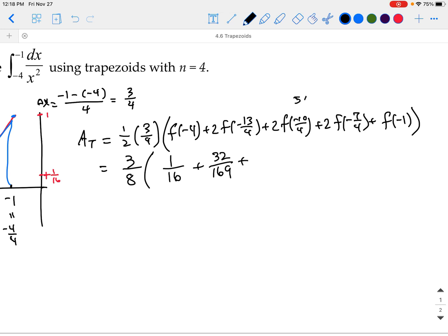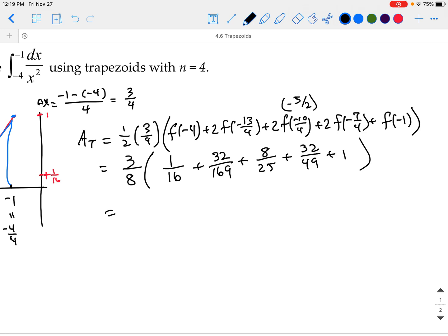And then we could use -5/2 here. So that's going to be 4 over 25 times 2, which is going to be 8 over 25, plus we'll have 16 over 49, so 32 over 49, and then 1 is just going to be 1.